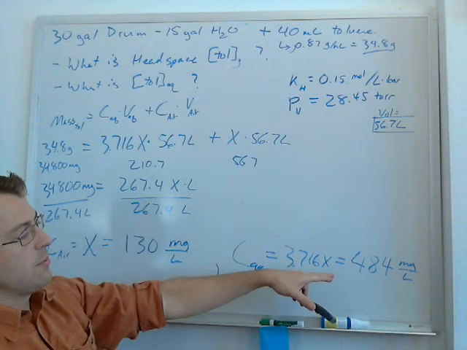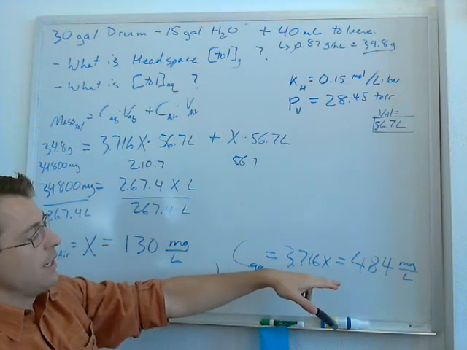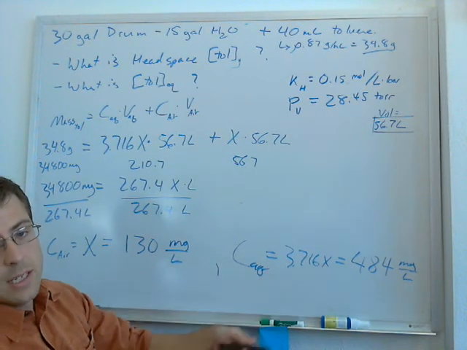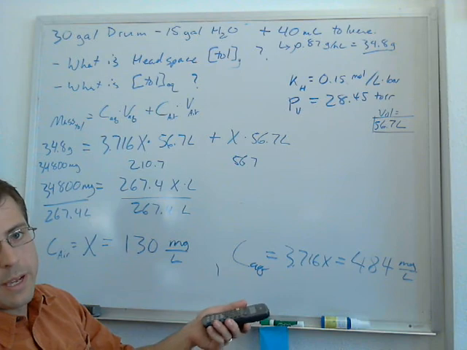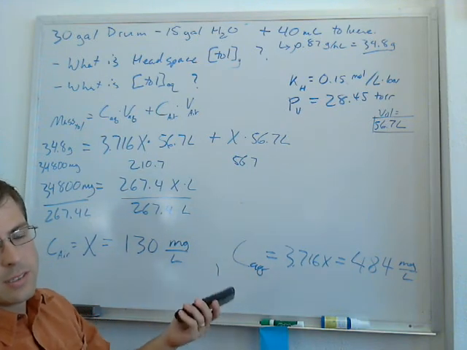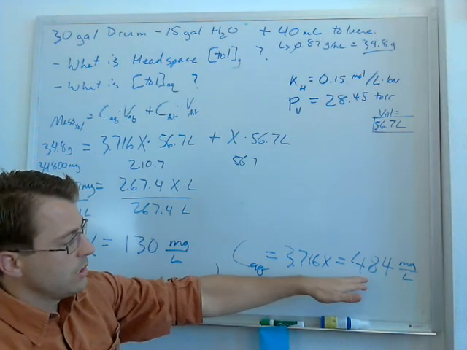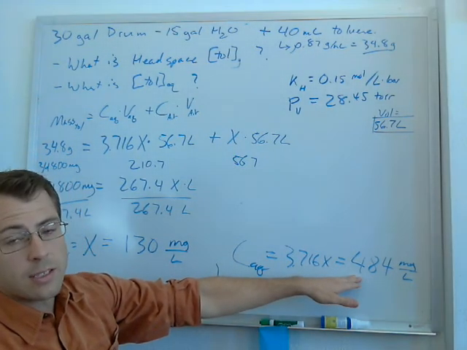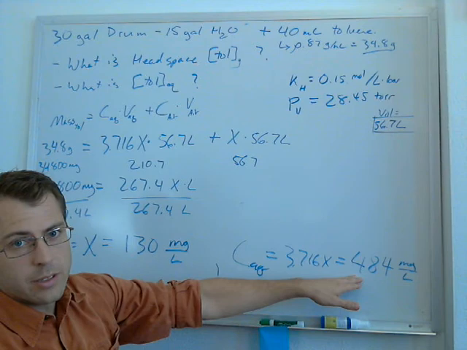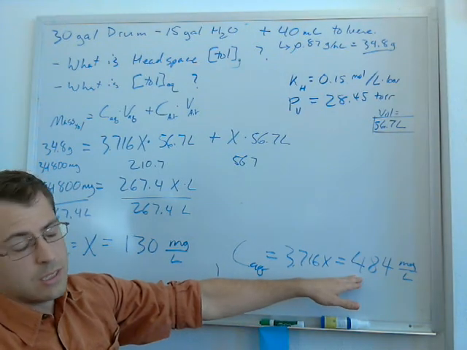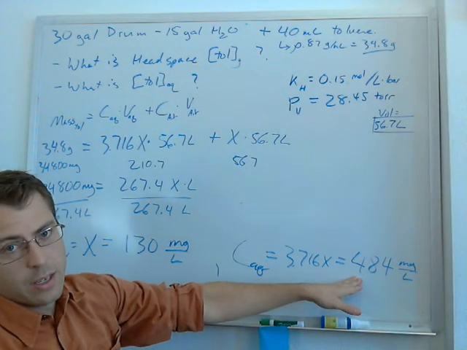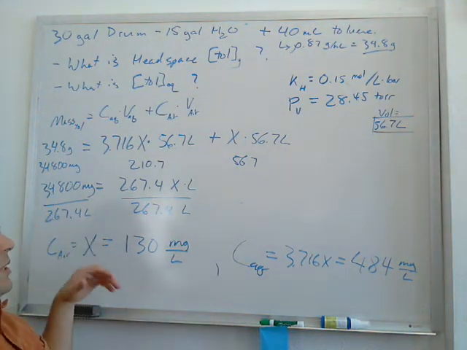We could take this another step further, and maybe I'll do this on the exam, and I could ask you what mass is distributed. What's the mass distribution in the headspace and in the aqueous phase? In which case you just simply multiply the concentration of the aqueous by the volume of the aqueous. So multiply by 56.7 liters and you have milligrams.